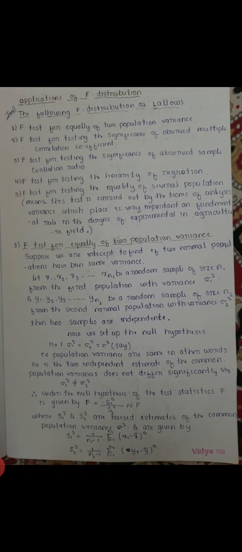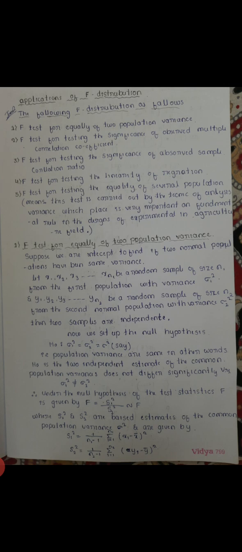Next, applications of F distribution. The following applications are given below. First, F test for equality of two population variances. Second, F test for testing the significance of an observed multiple correlation coefficient.